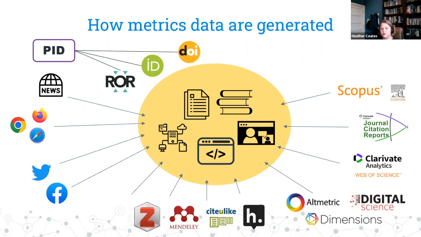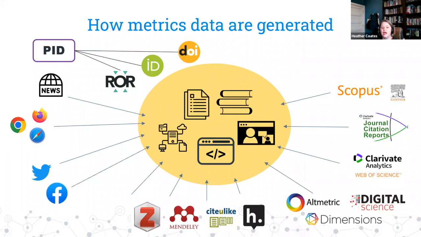And we engage with these products within the networked environment using a variety of tools through news and media coverage, through social media platforms and internet browsers. We can save, bookmark, and annotate these products using tools like Zotero, Mendeley, CiteULike, and Hypothesis, and others.